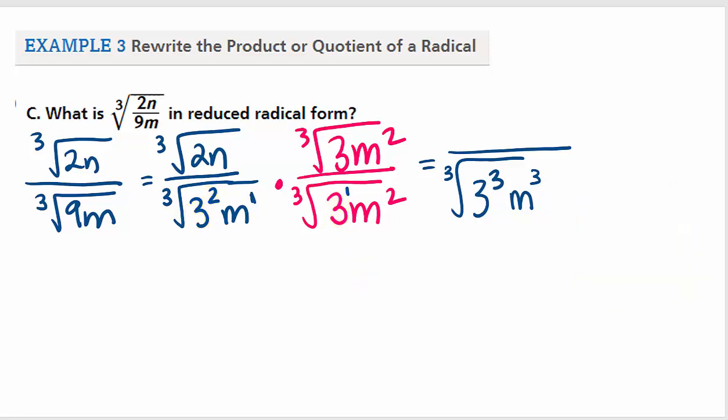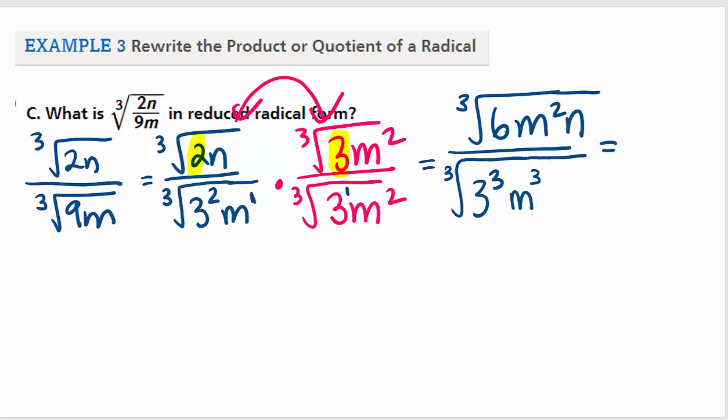Now the last thing we need to do is multiply the numerators together. They're both under a cubed root, so we multiply the 2 and the 3 together. That gives us 6, and because the one is m squared and then n, we can't simplify those and put them together.